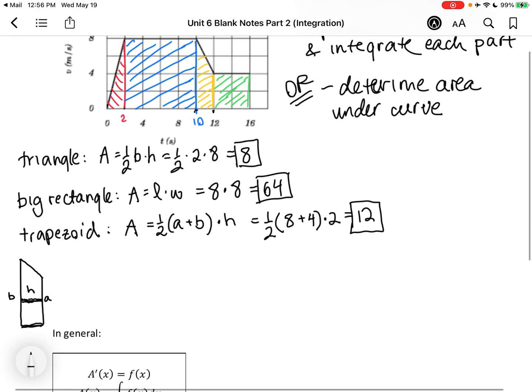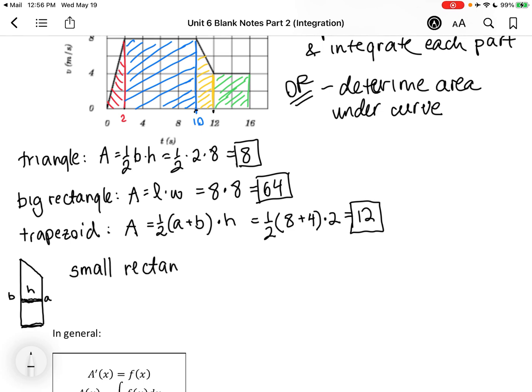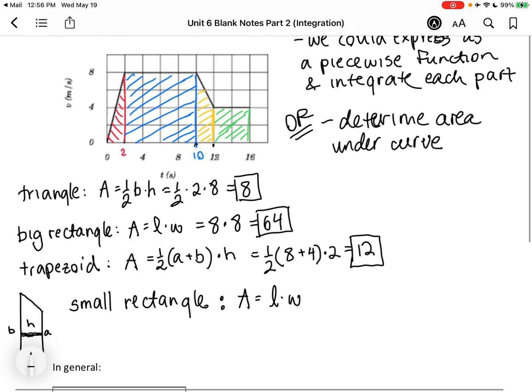And then finally, the small rectangle. Area is length times width again. Our width is from 12 to 16, that's 4. And our length is also 4.